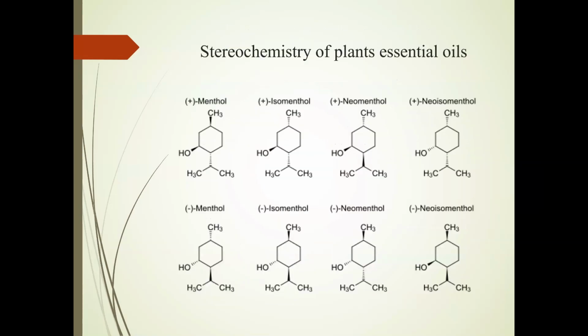One of the oldest concepts of metabolomics has been known for plant essential oils. We all know that different plant essential oils like menthol, isomenthol, neomenthol, or neoisomenthol have different kinds of enantiomers. They might be positive enantiomers or negative enantiomers, or R enantiomers, S enantiomers, just different kinds of nomenclature.